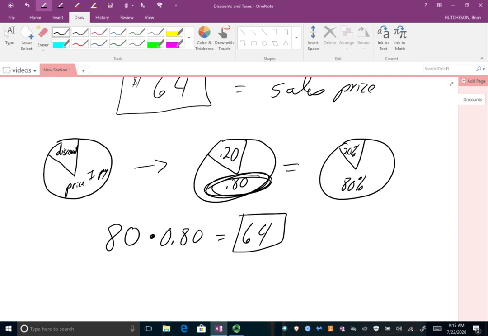Cute, right? So if you have something that is a 30% discount, all you need to do is multiply it by 0.7, right? Because you're getting rid of 30%, so you have to pay 70%. And 70% is 0.70, so just multiply by 0.70. It's a lot less figuring going on in our heads.